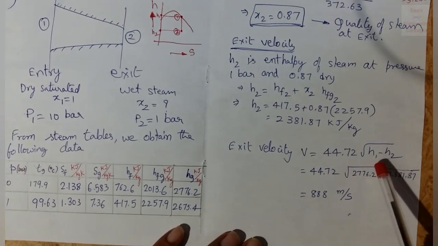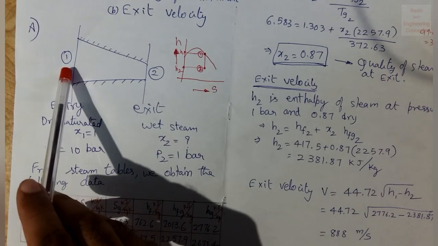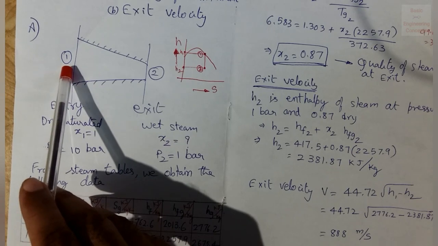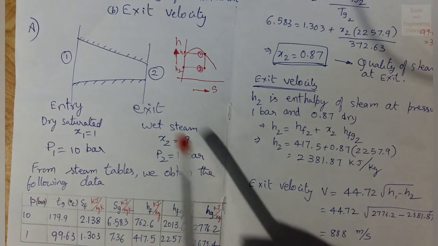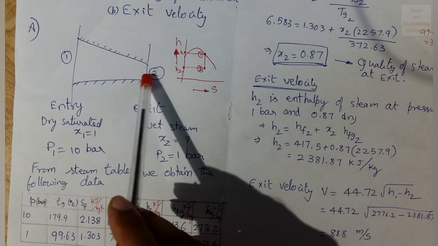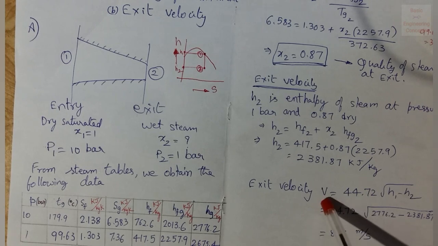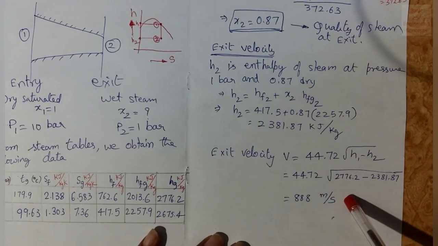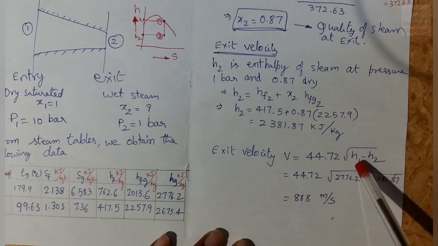Next, exit velocity V is equal to 44.72 into square root of H1 minus H2. This is the expression we obtained when assuming that the velocity at entrance is zero or negligible. If you neglect the velocity at entrance, then the velocity at exit can be obtained using this relation. Substituting H1 and H2, how do we get H1?